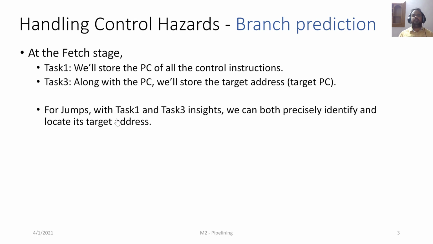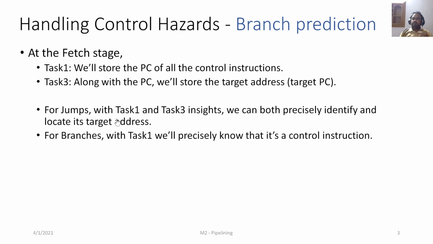We will know in the fetch stage that the instruction we are getting is a jump, because we are making a note of its PC, and because we also know the target. In the very next cycle, instead of fetching the next sequential instruction, we will fetch from this target location. So the branch penalty becomes 0 for the jumps.